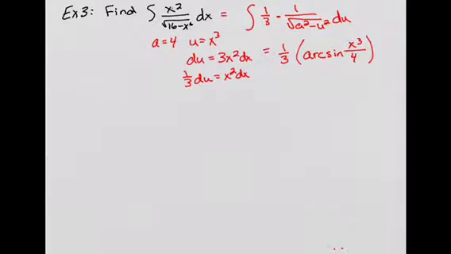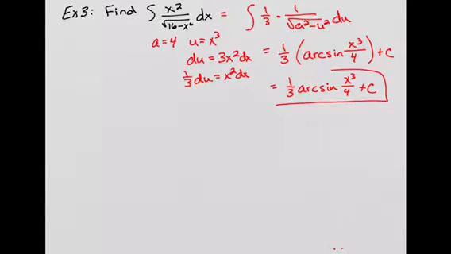And then I just have plus c. So I'd have 1/3 arcsine of x cubed over 4 plus c as my final answer. All right, so we will finish notes on Monday.